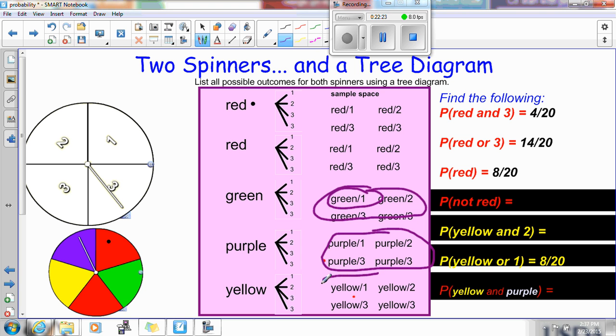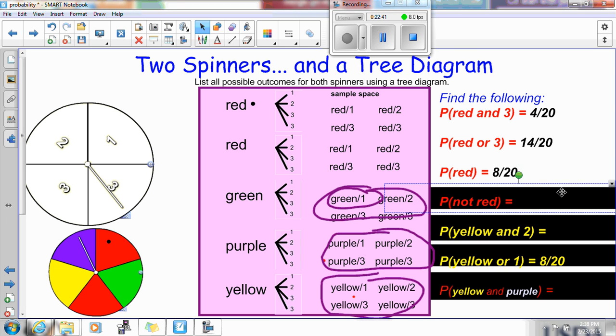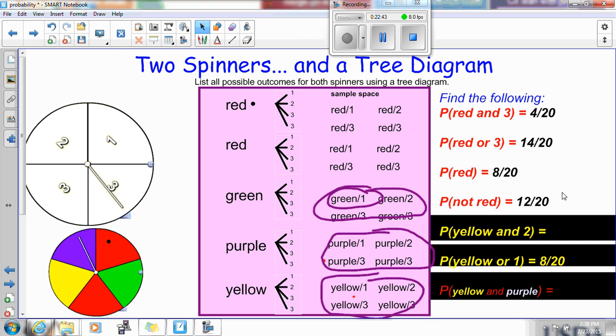Yellow's not red, so all of these yellows. So that's 4 plus 4 plus 4, that is 12, 12 possibilities, favorable outcomes out of our number is 20. So that's 12 out of 20. Let's do a couple more.